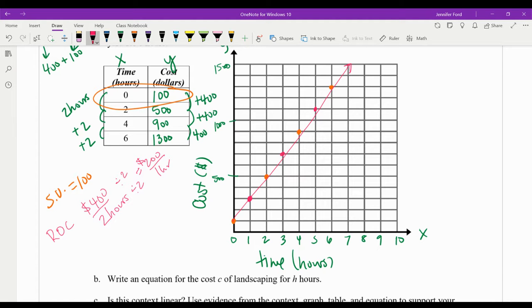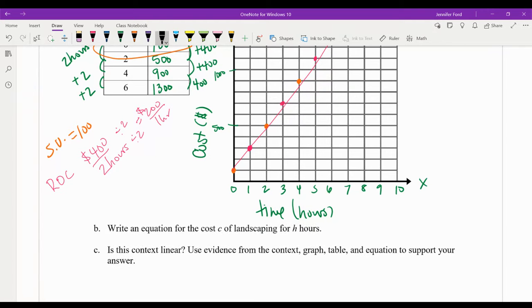All right, an equation for the cost of landscaping for H hours. You can use C and H if you want to. The cost of landscaping, this is the output, this is the Y. And the time, this was the input, this was the X. So Y equals 200X plus 100.